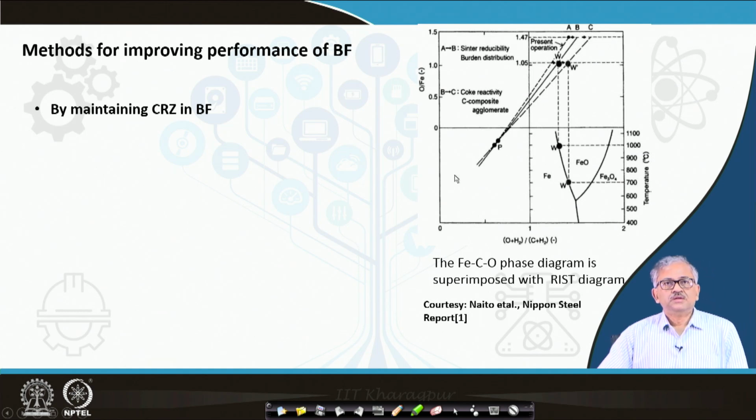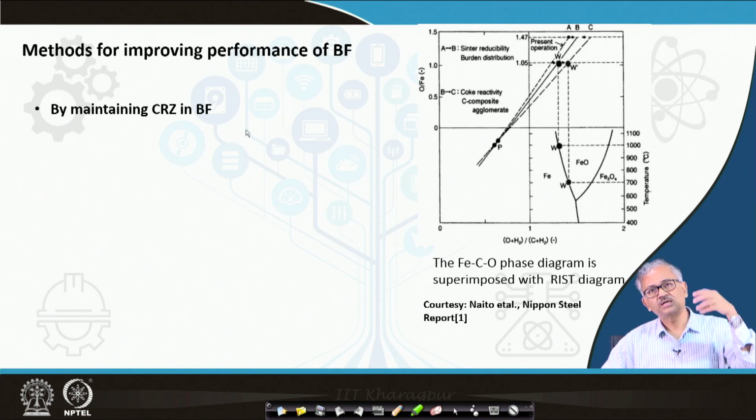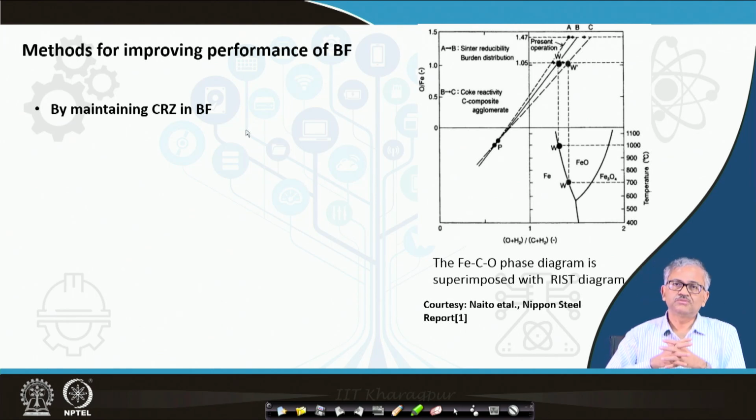First of all, maintaining the shaft efficiency in the blast furnace is very important. As we said previously, there is supposed to exist a chemical reserve zone on top of the isothermal zone in the blast furnace, and if you can maintain that, then the CO utilization obviously will be higher. If you cannot maintain it, that means you have much higher CO compared to what is required for the equilibrium.